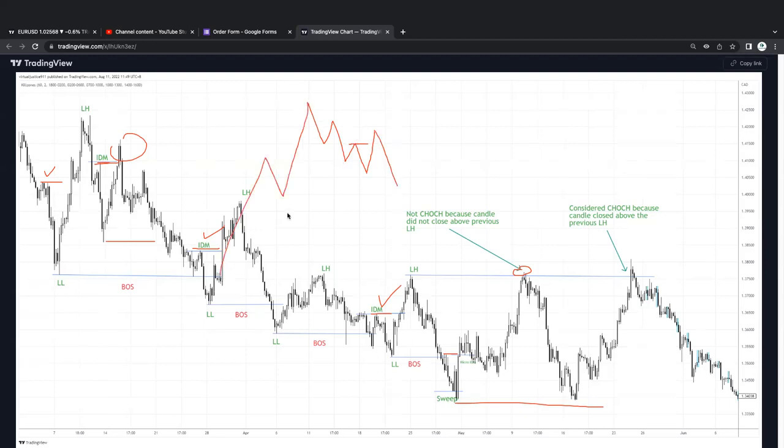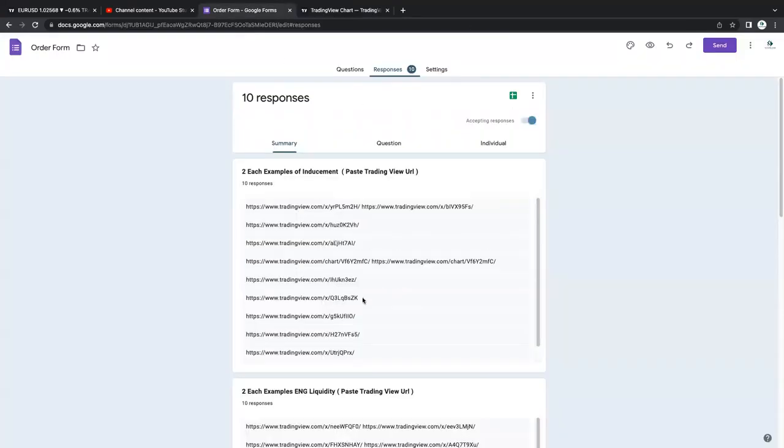Even if the market is bullish, this one is inducement. The bigger inducement is here and then it goes, and this one is also inducement. Okay, now check again. Next one.